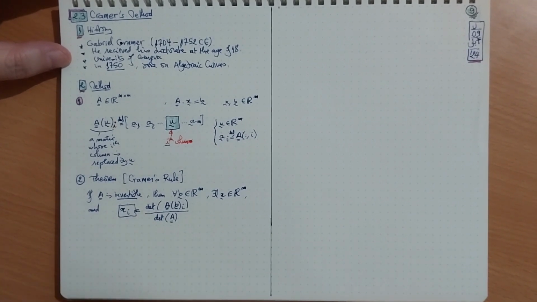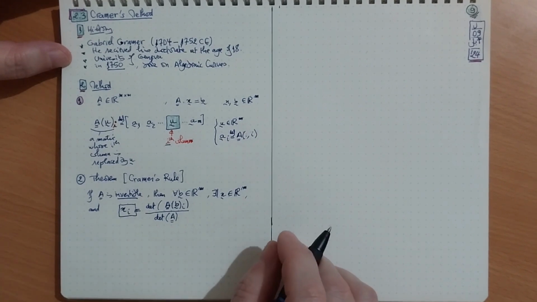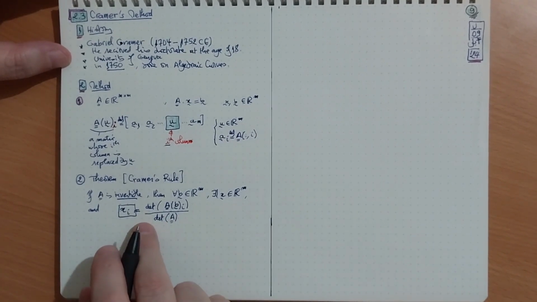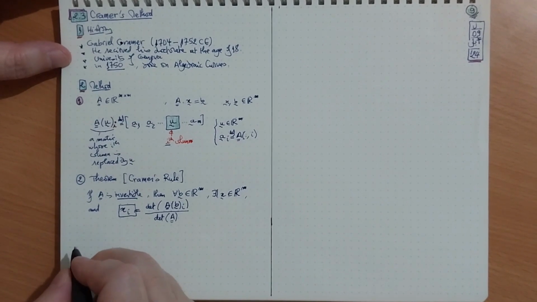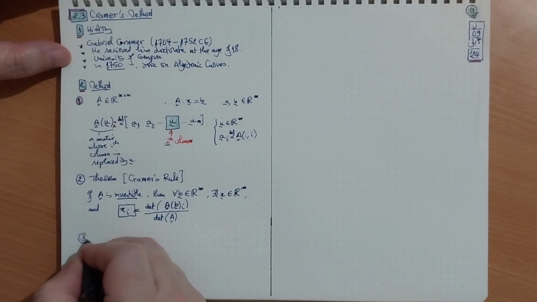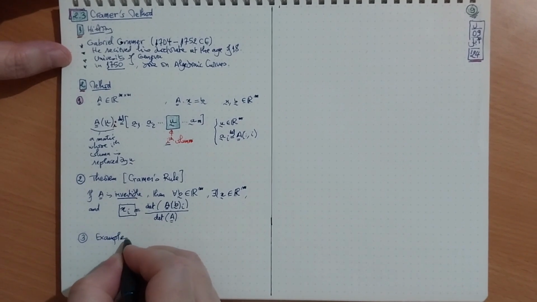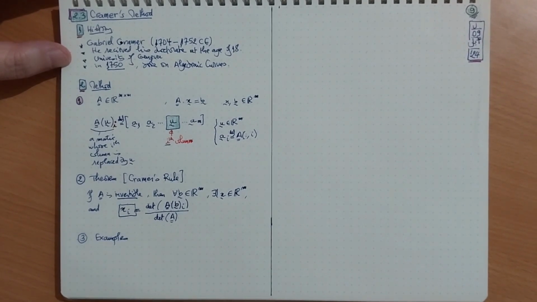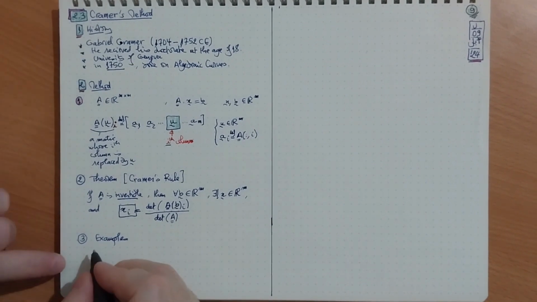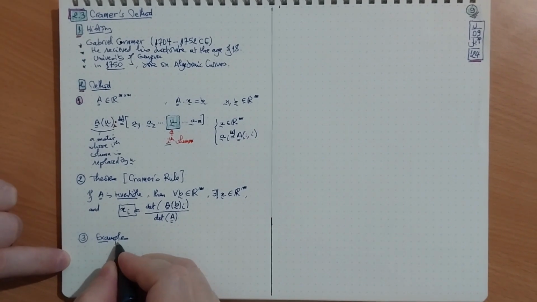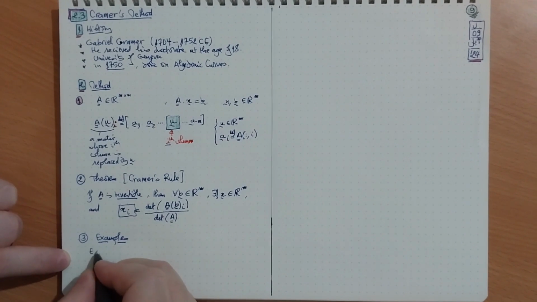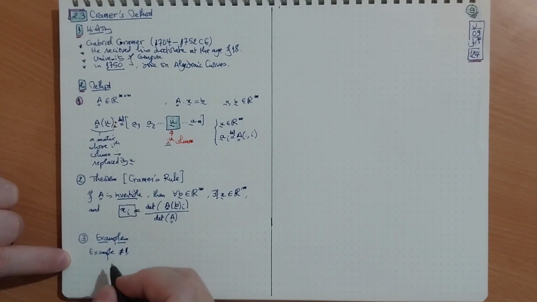We come back to our two systems we have seen in the first lecture and try to solve them using Cramer's method. So, third point, examples. First example is our system.